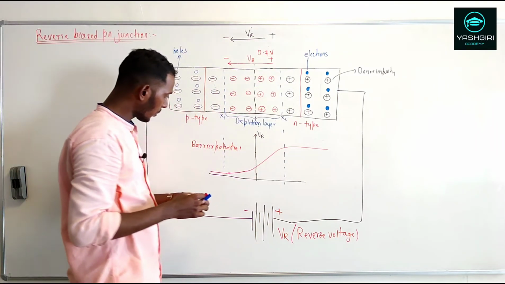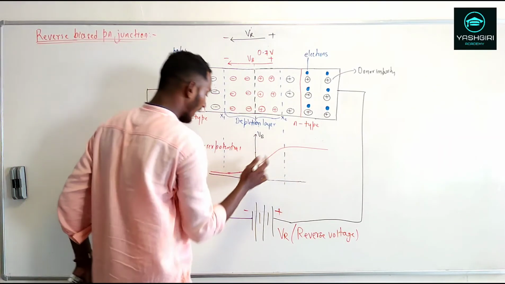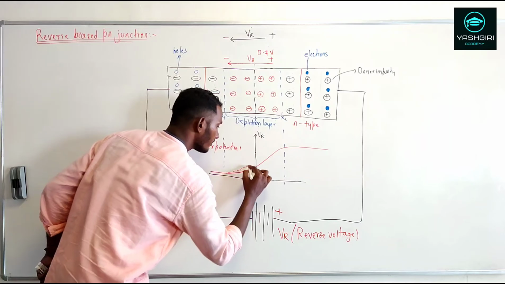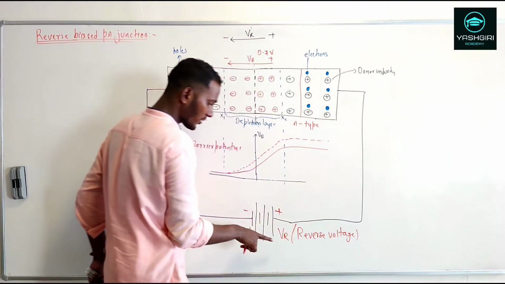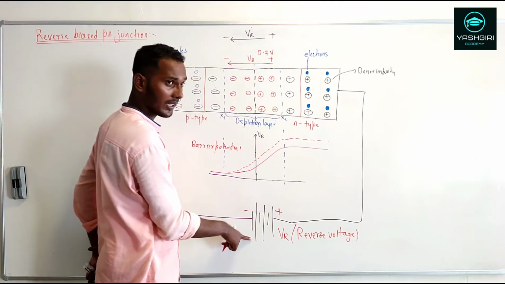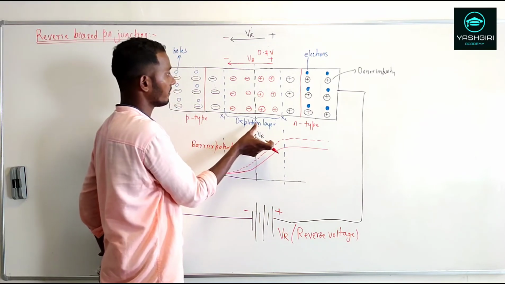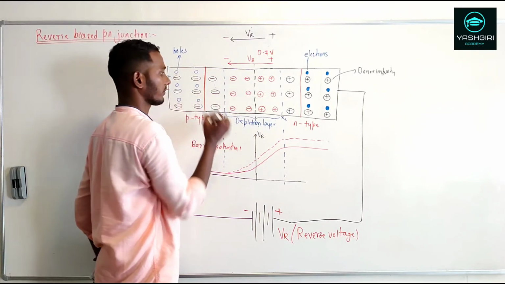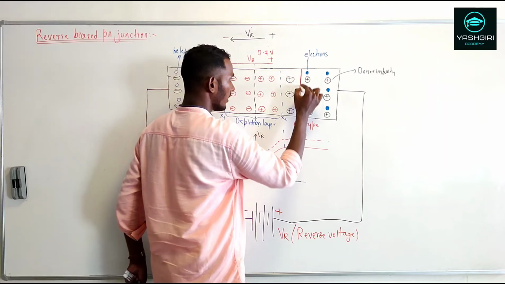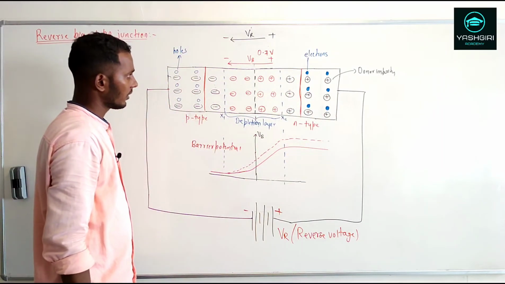Or else if I want to show the barrier potential in this case, the barrier potential height will be increased. And as you increase this reverse voltage more and more, the barrier potential will increase more and more. Or else you can say that the depletion region is going to extend.